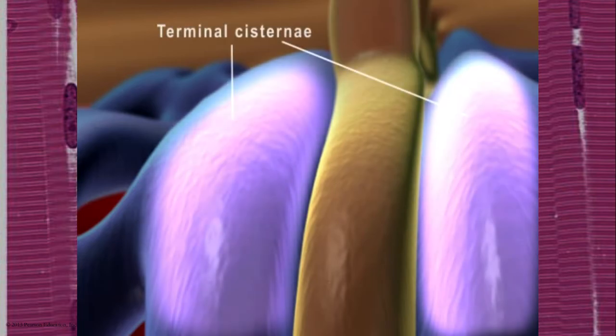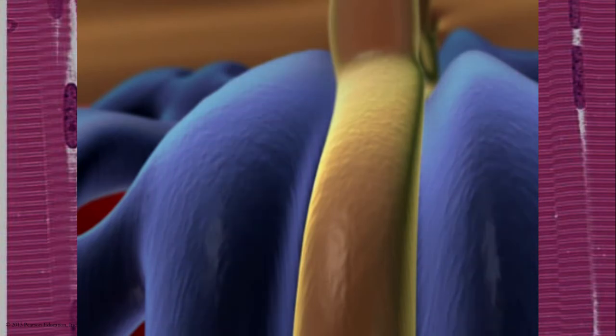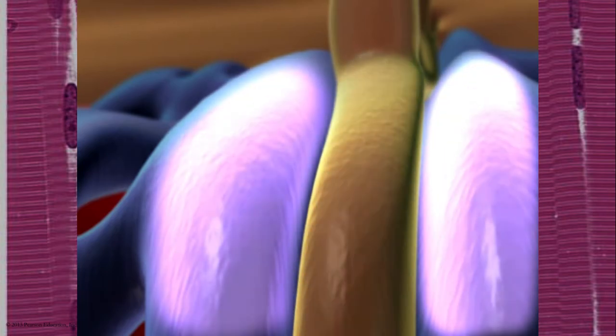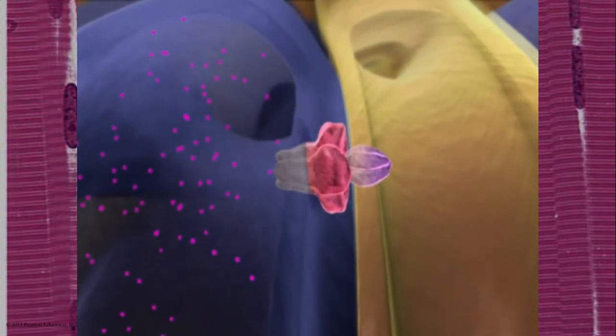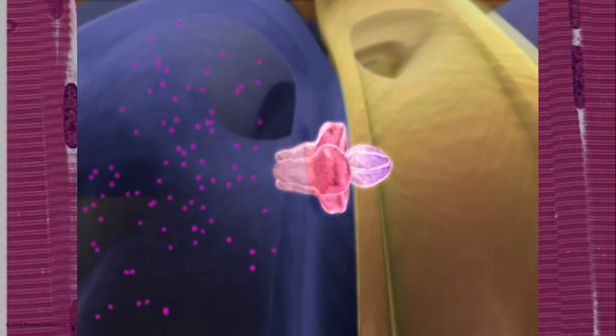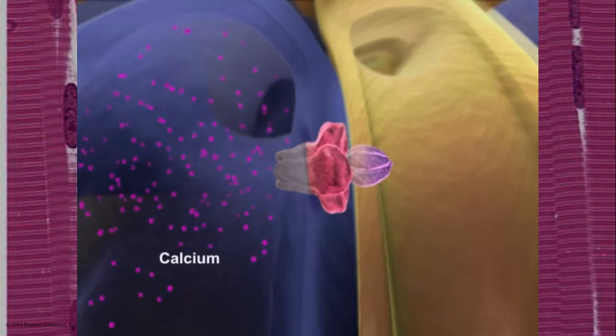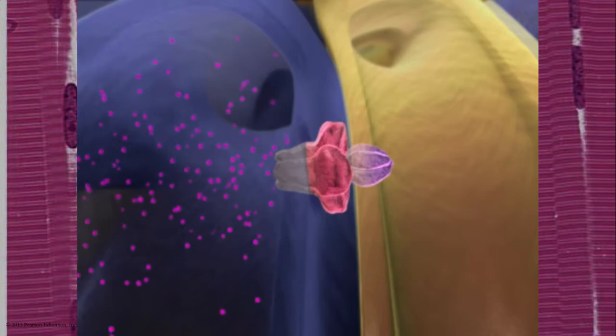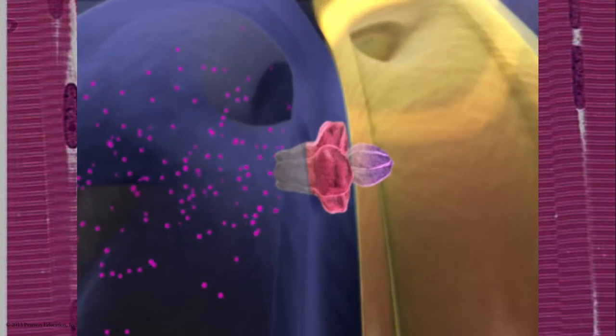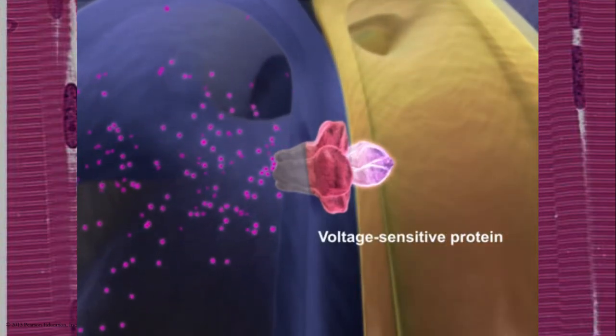Where it abuts the T-tubule, the SR forms satellite bulges called terminal cisternae. One portion of a T-tubule plus two adjacent terminal cisternae is known as a triad. The membranes of the T-tubule and terminal cisternae are linked by a series of proteins that control calcium release. As an action potential travels down the T-tubule, it causes a voltage-sensitive protein to change shape.